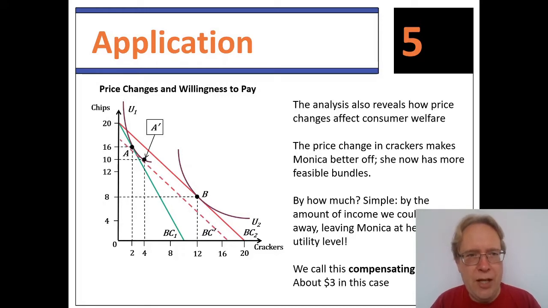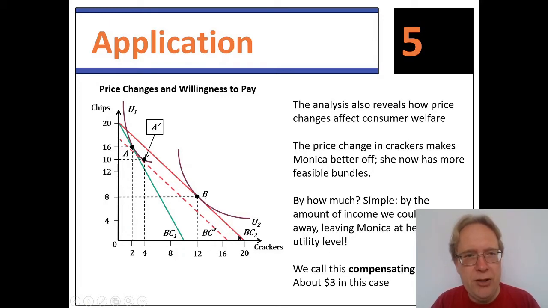By the same logic, the substitution effect brings me to the original indifference curve by taking money away from me. So the amount of money that you have to take away from me to get me to my original indifference curve is actually a pretty good measure for how much better off I am than I was before. And we call this a compensating variation.